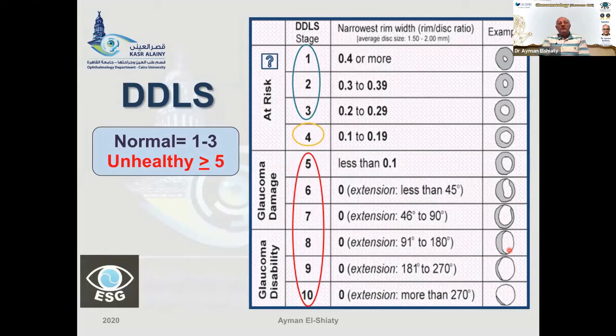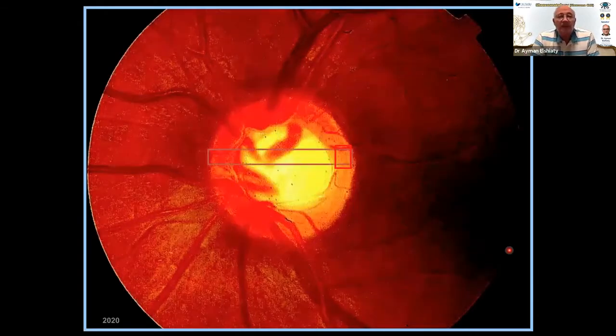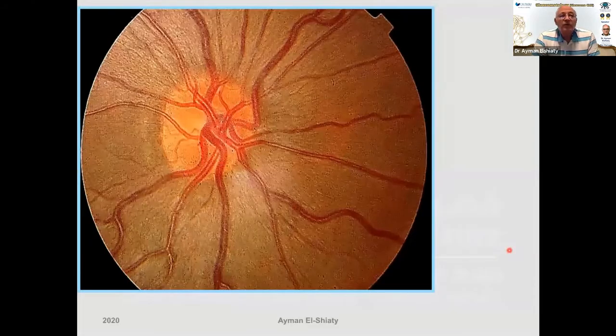So we look at the rim by the parameters that Dr. Ali has mentioned, and we look at the diameter, and then we try to make the proportion between the rim diameter and the disc diameter. So we look at the rim, and then the cup, as Dr. Ali said, and then this is 0.4.